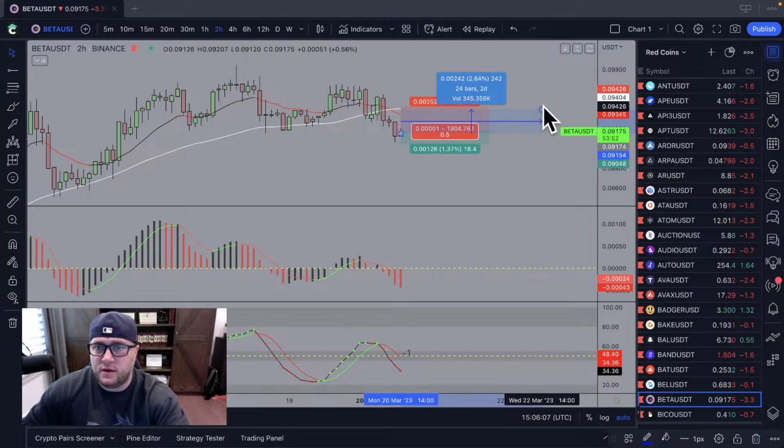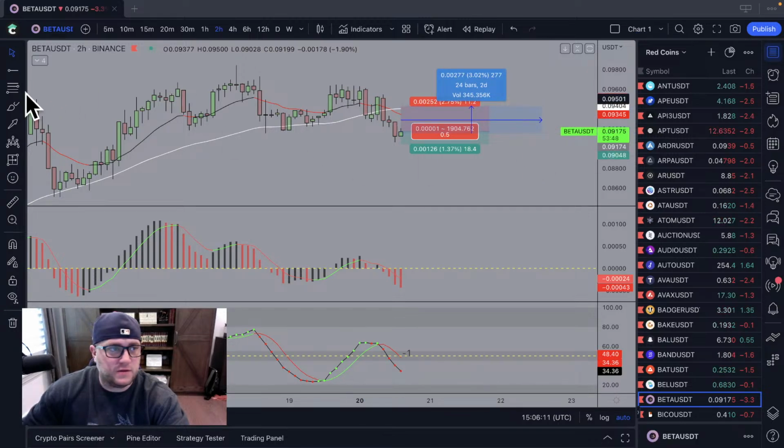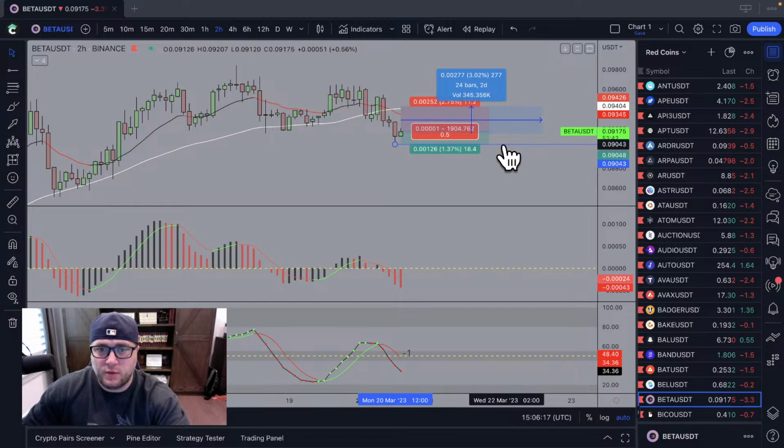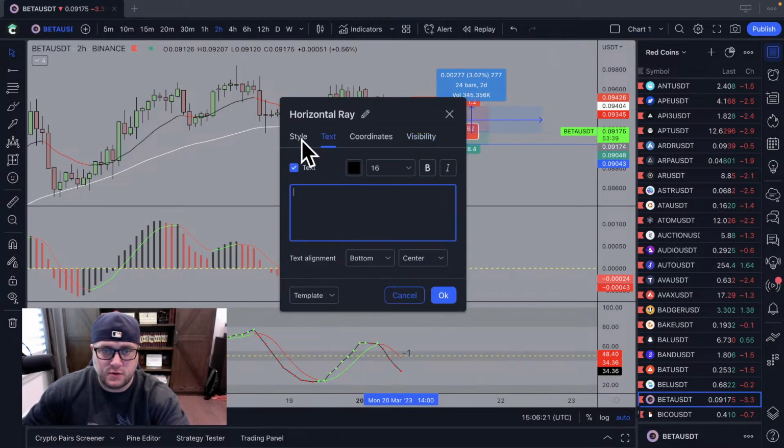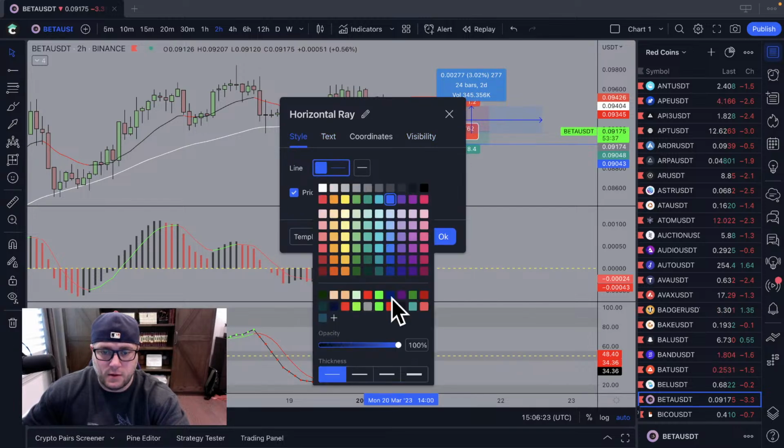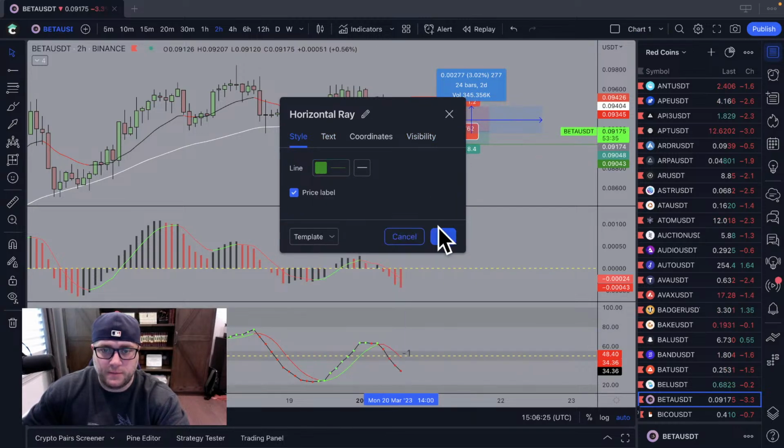And I'll set up the take profits and stop losses that goes into the Discord. This is going to be our take profit. Change it to green.